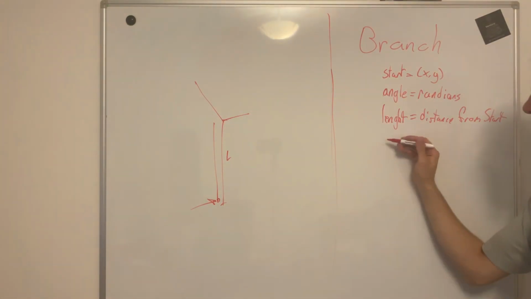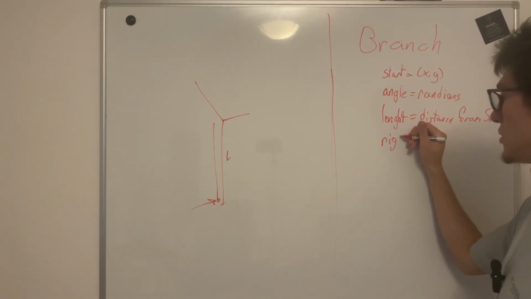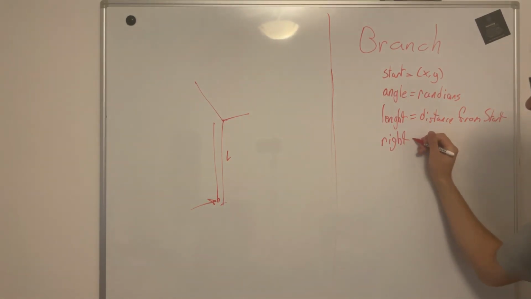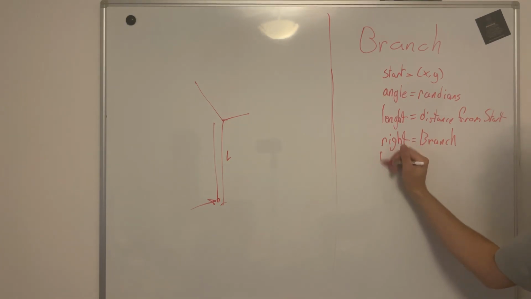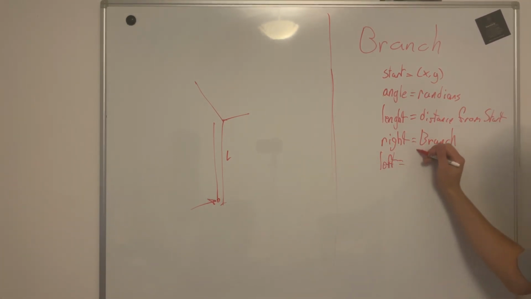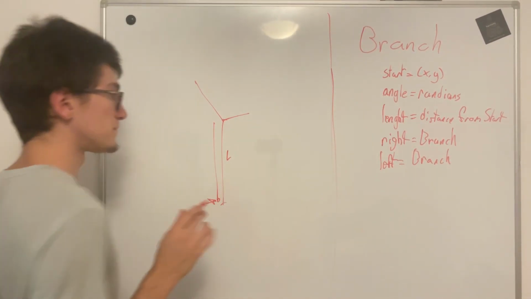So it needs a right, which will be another branch, and a left, which will also be another branch.